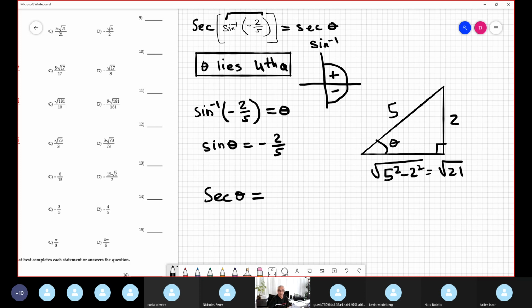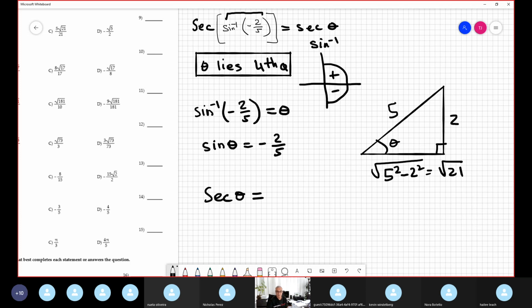And the secant of theta, by definition, or if you don't remember the definition, no problem. You compute the cosine and its reciprocal, either way. But I memorize. It's good to memorize some things in mathematics. Secant is the reciprocal of cosine, and cosine is the ratio of adjacent over hypotenuse. Therefore, the secant would be hypotenuse divided by adjacent.